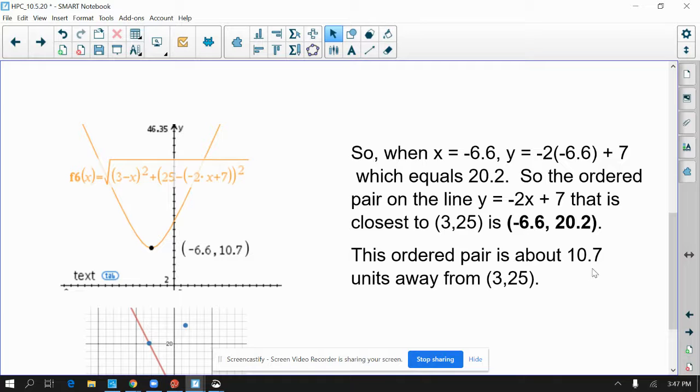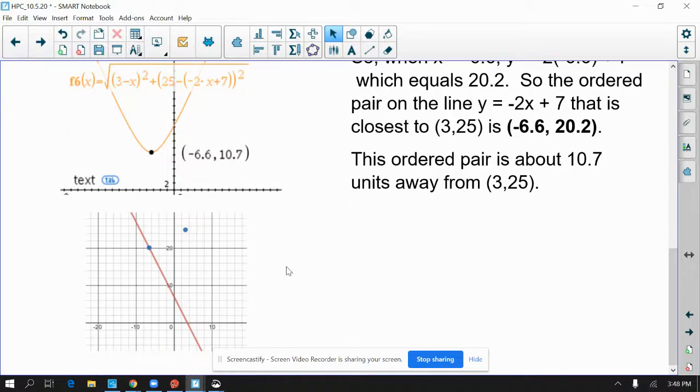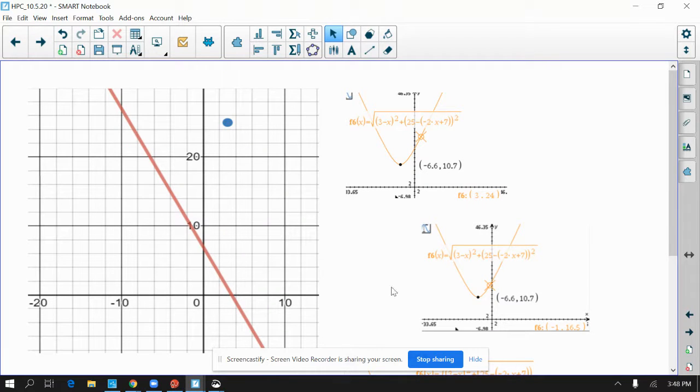How close is it? It's about 10.7 units away. That's it for this example, but I just want to carry this on just a slight bit further.